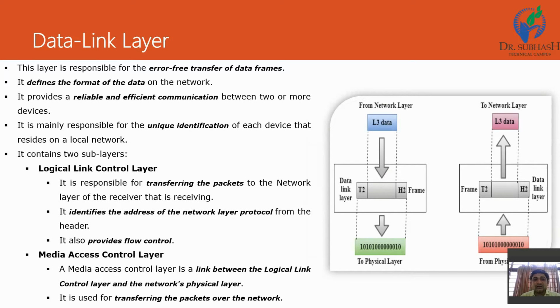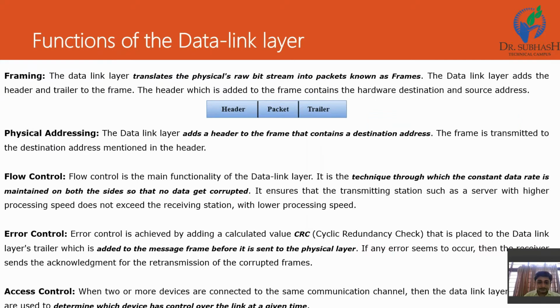It deals with frames and receives data from the network layer as well as the physical layer. We also discussed the format of a frame. It has 3 basic components: header, payload, and trailer.